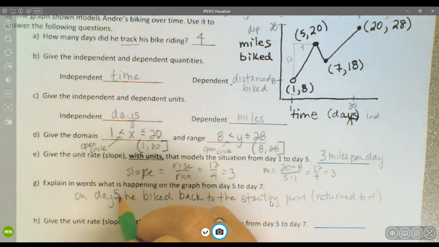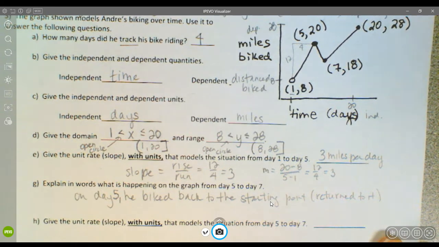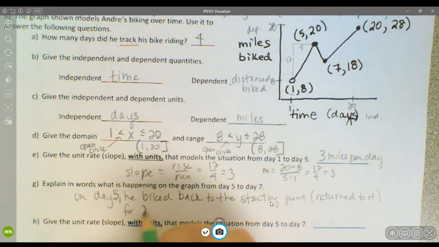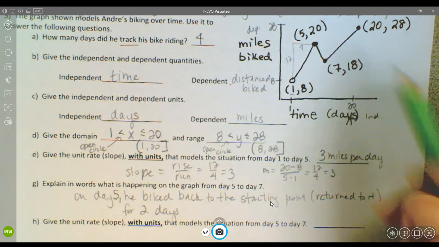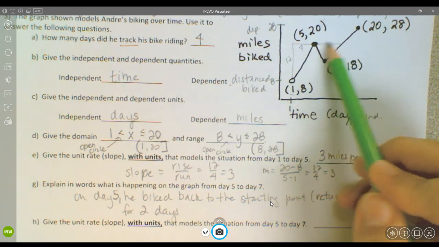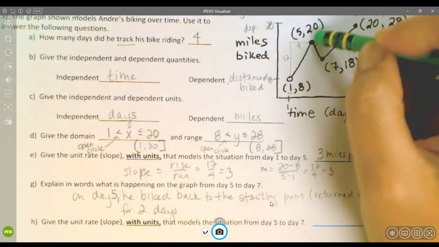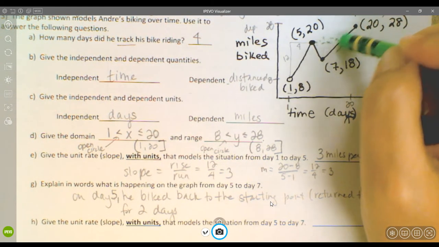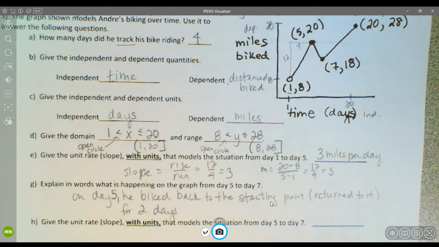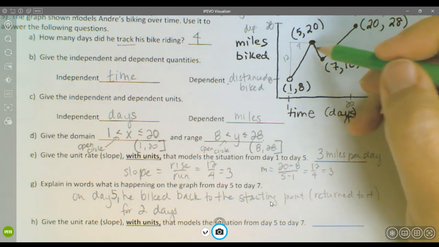Oh my gosh. On day 5, he biked back to the starting point for 2 days. Just out of curiosity, what would happen if the graph went like this? Time is moving on, but his distance is not changing. That would mean maybe he stopped to rest. I don't know.